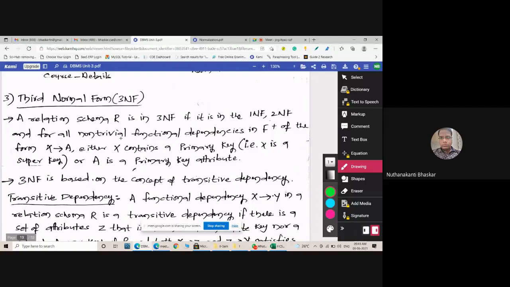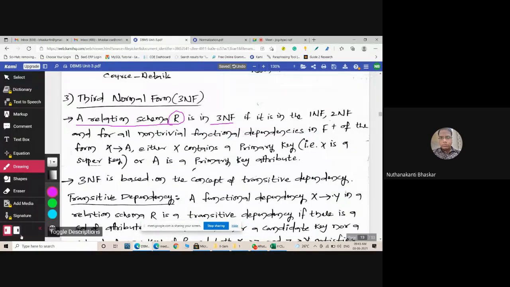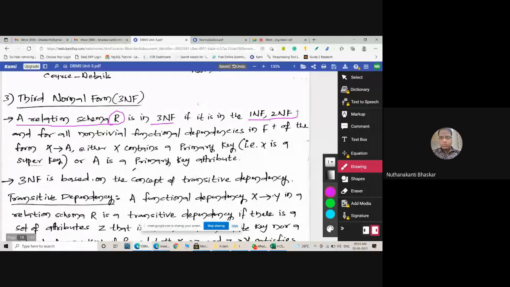Now coming again to examples and some theoretical information, I am going to discuss. As I told you just now, a given relation schema R is in third normal form if it is in the first normal form as well as the second normal form. And for all non-trivial functional dependencies, the meaning is non-trivial transitivity.